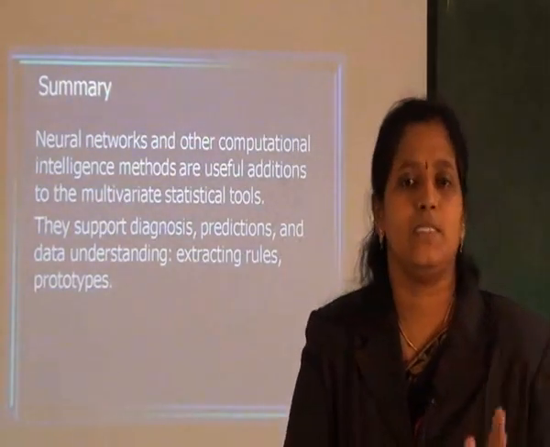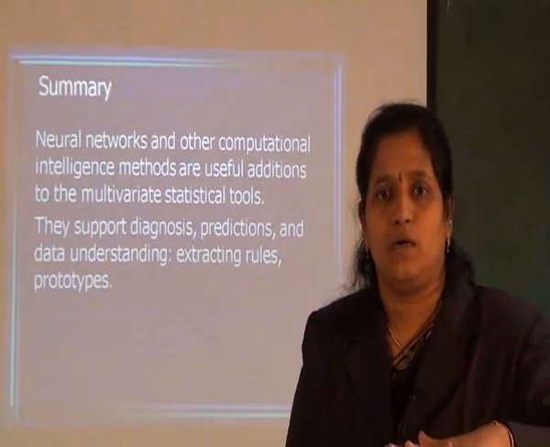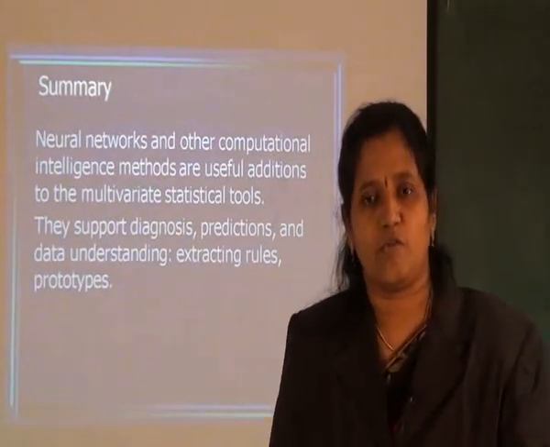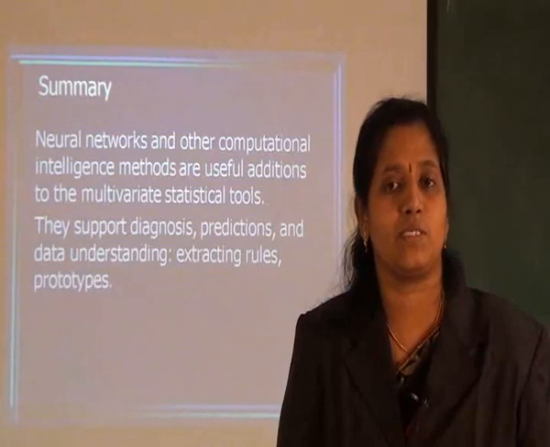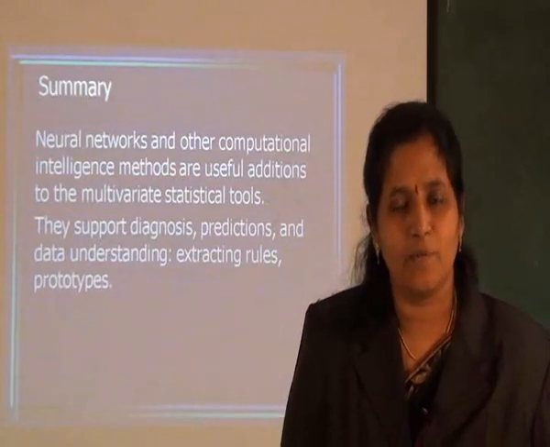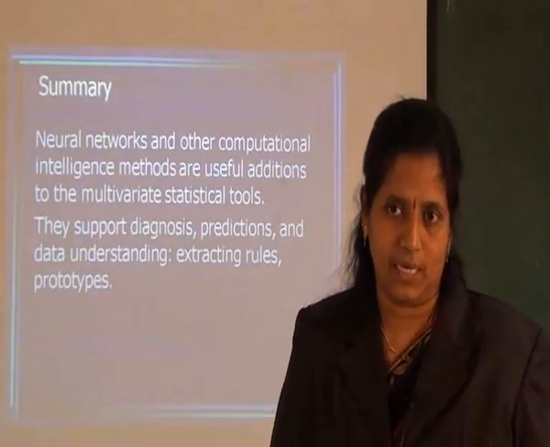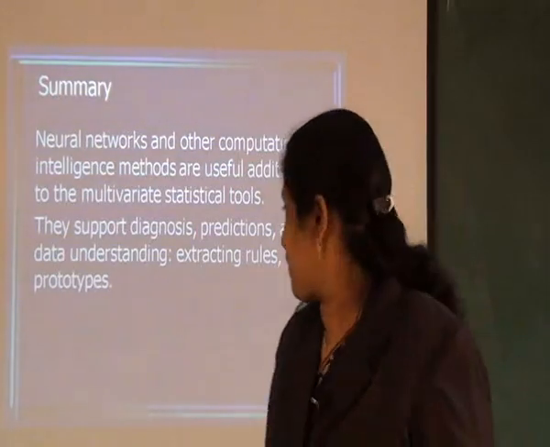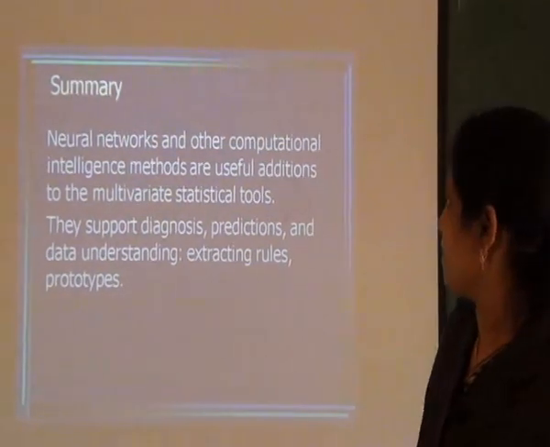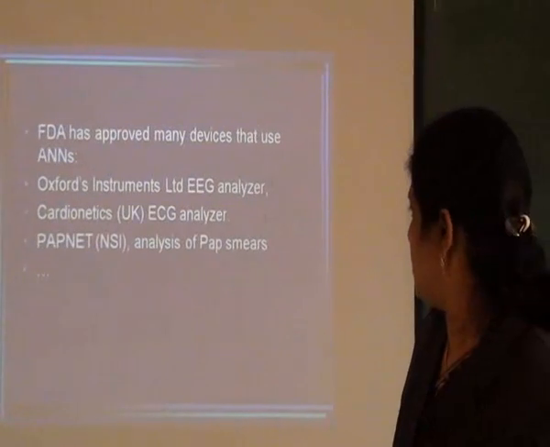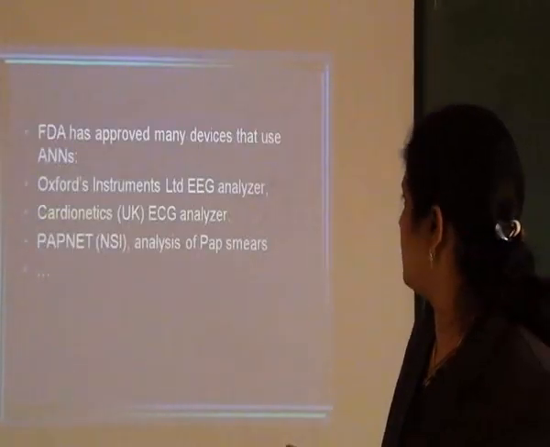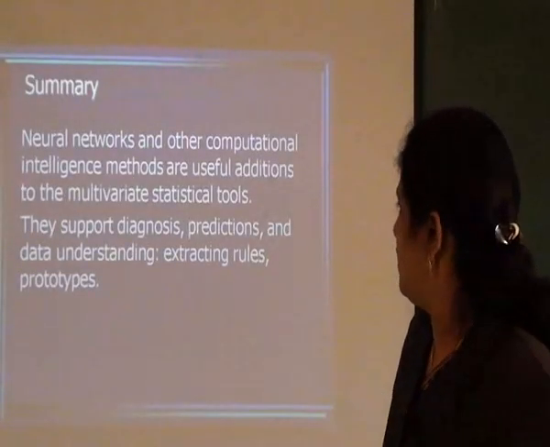Apart from that, in this chapter, you should know what soft computing components are, what a neural network is, what fuzzy logic is, what a genetic algorithm is, and how they can be applied to real-time applications. I hope you understood everything, and with that, let me come to the conclusion.